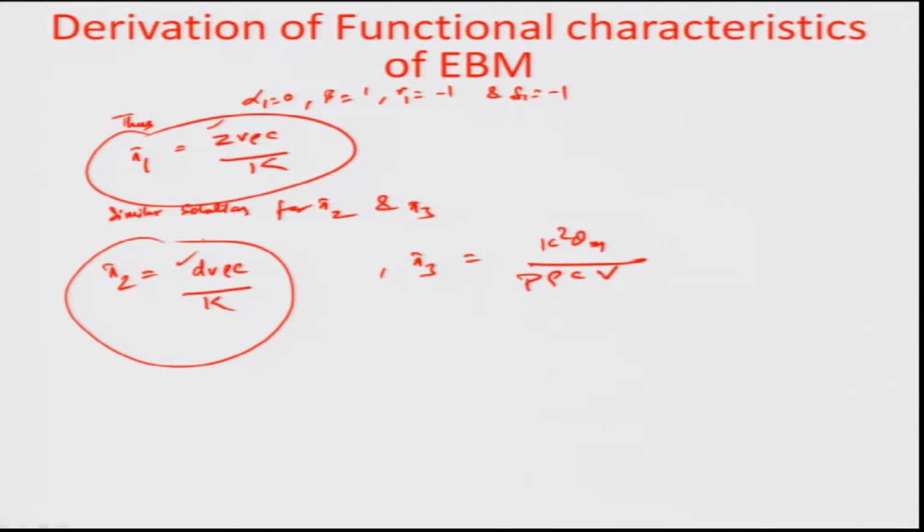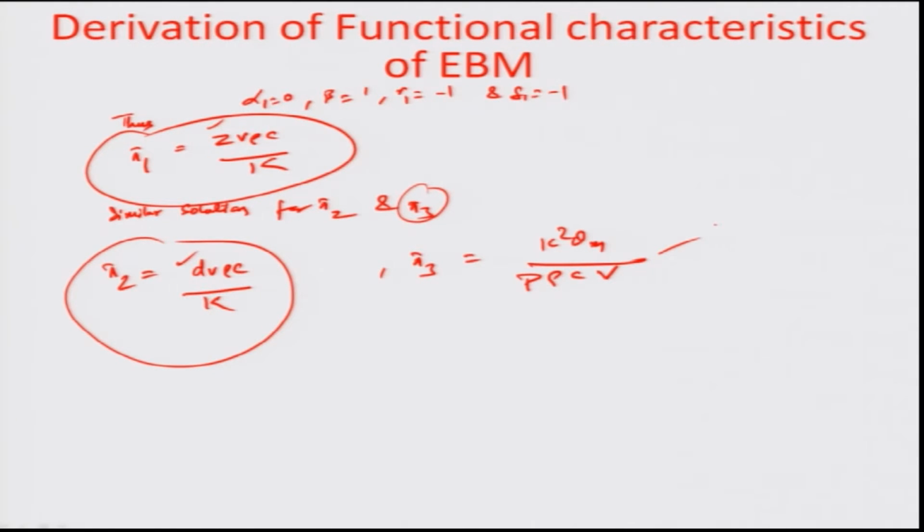For pi 3, it is slightly different because we are now talking about temperature as a basic variable which goes linearly into the pi 3, and therefore, k square theta m by p times rho c, the volume specific heat, times the velocity at which the beam can be rastered. Okay. So, that is how all the three coefficients pi 1, pi 2 and pi 3 are related.